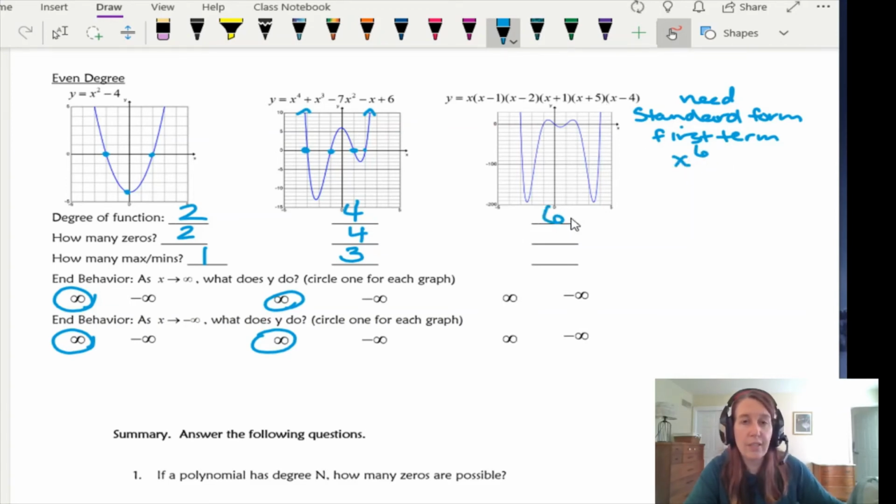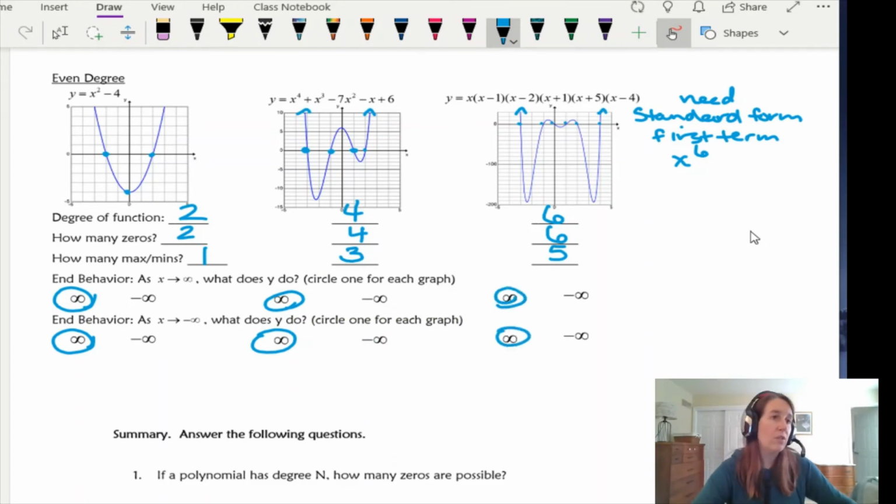So it's degree 6. How many zeros? 1, 2, 3, 4, 5, 6. How many mins and maxes? 1, 2, 3, 4, 5. Okay, and then notice that the ends of the graph are both heading to positive infinity.